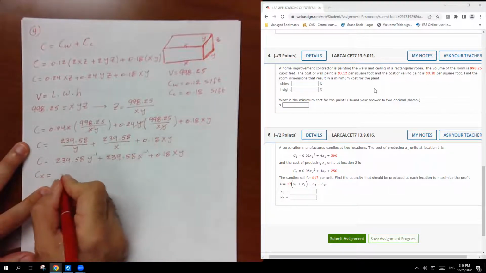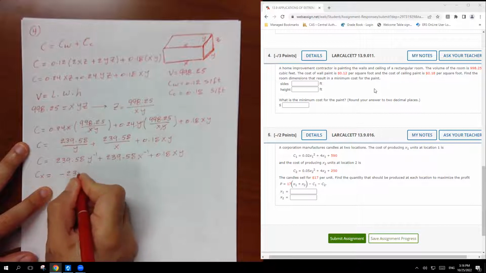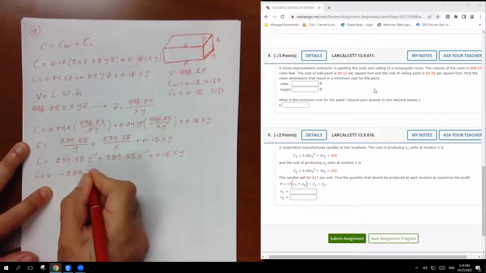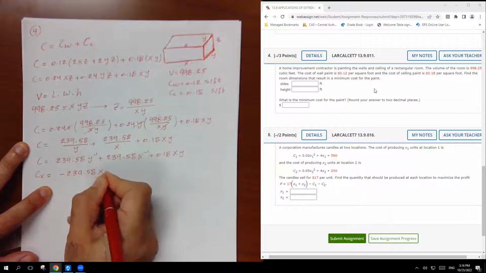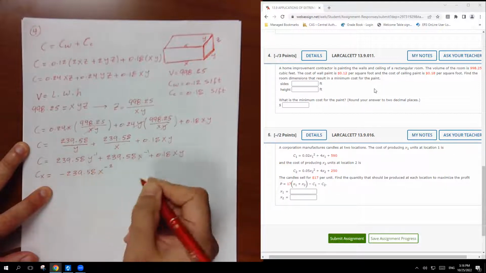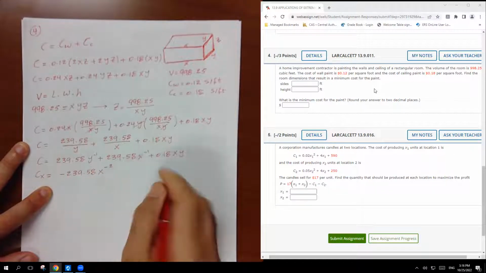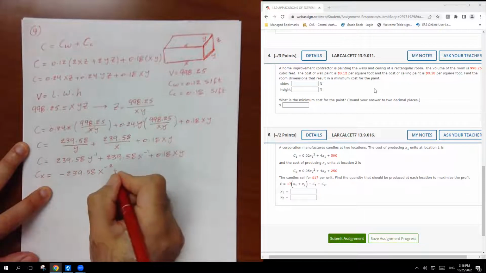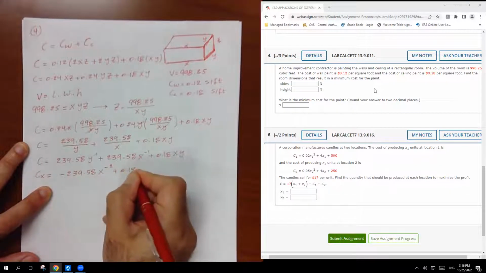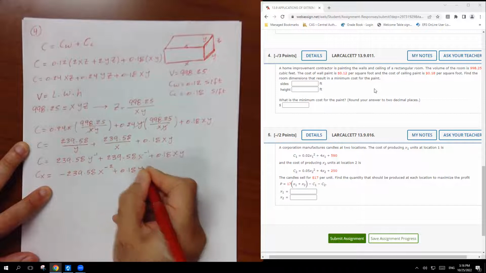Now C sub x is going to be negative 239.58 x to the -2 plus 0.18 y.